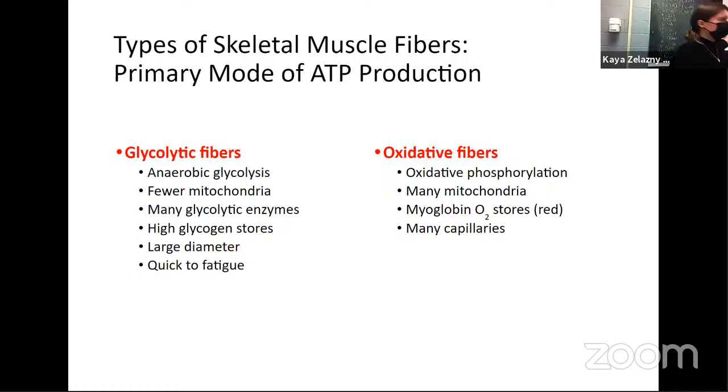Again, related to the need for oxygen, those oxidative fibers are going to have lots of capillaries going to them. They need lots of blood flow because they need lots of oxygen. They're smaller in diameter because of that relationship of surface area to volume. They want to soak up a lot of oxygen, so that oxygen needs to bump into the cell membrane.